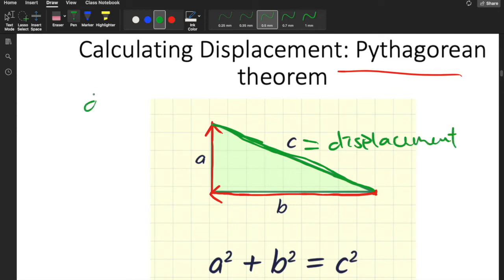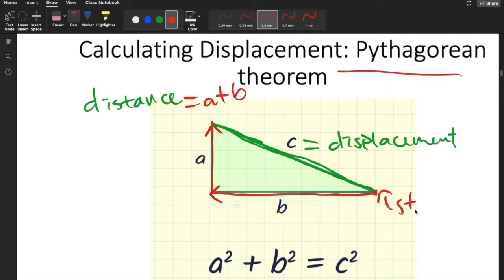And your distance, let me write this in red, is equal to a plus b, right? Because distance is the actual length of the path that you take to reach your destination. So this is the start point, and this is the end point.